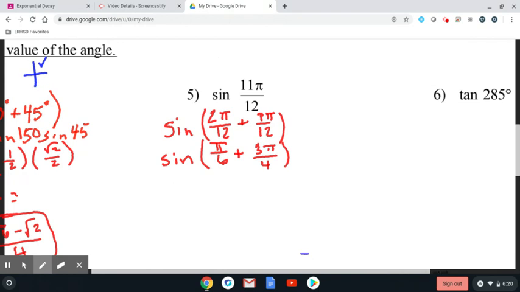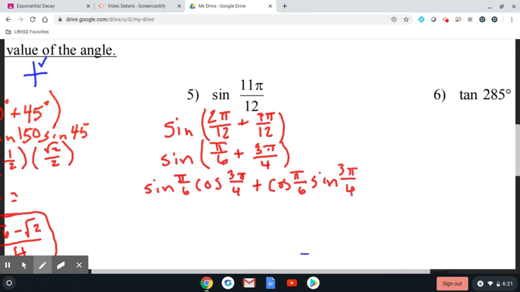All right, so now if we use our sum of sine identity, we're going to have sine of pi over 6 times cosine of 3 pi over 4 plus cosine of pi over 6 times sine of 3 pi over 4.